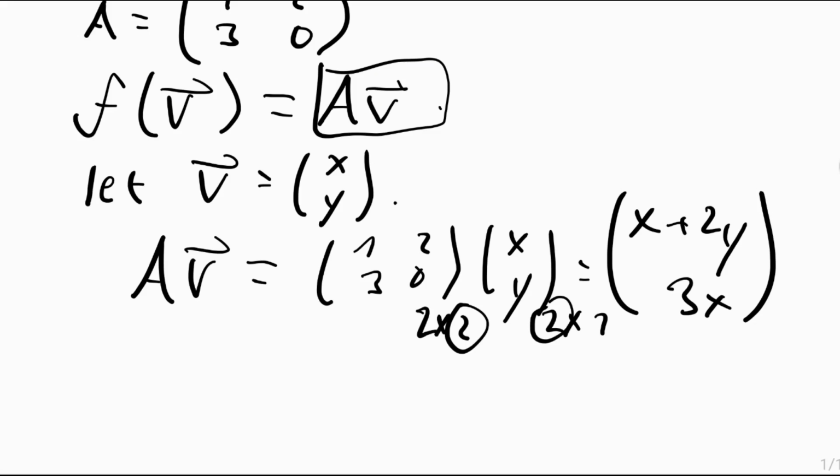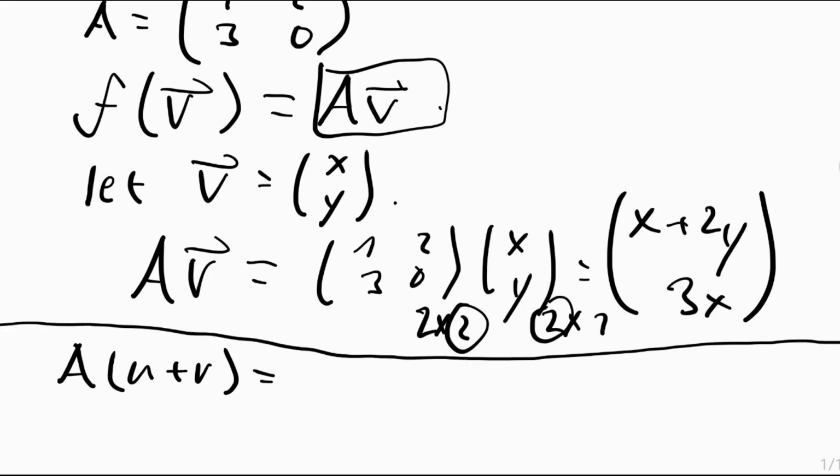If you have a matrix multiplied by u plus v, and no matter, not necessarily in relation to the names we've chosen so far, let's just make this a separate realization. Matrices have this property of distributivity, so it's the same as Au plus Av.